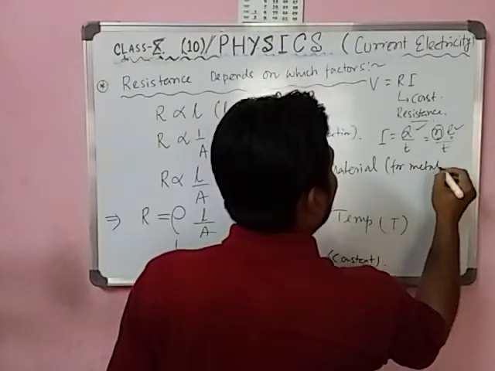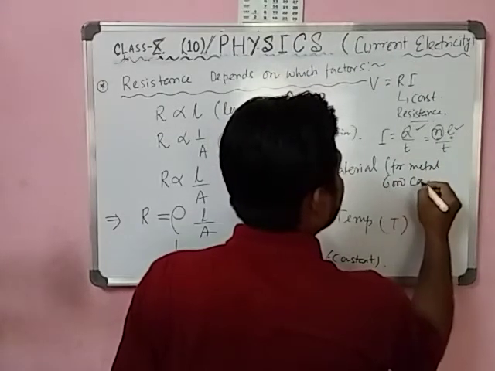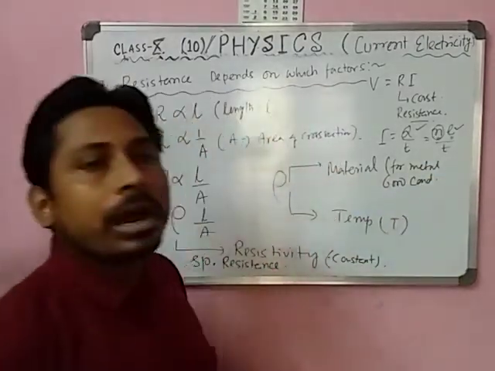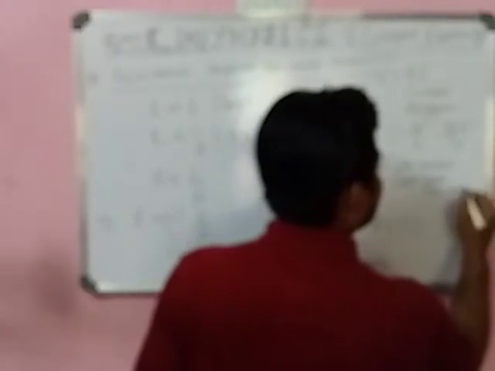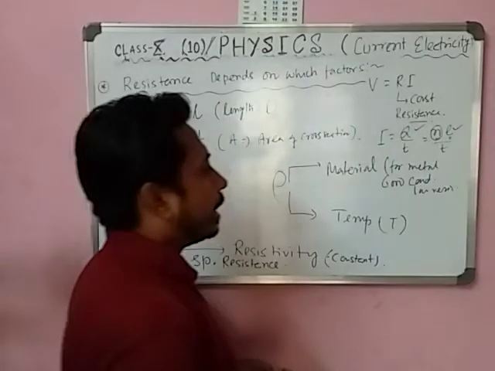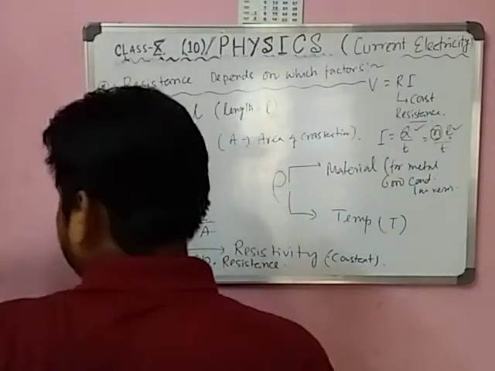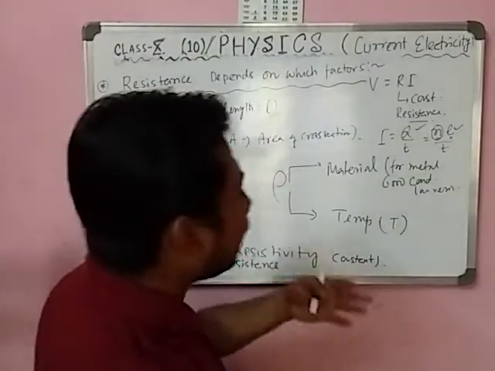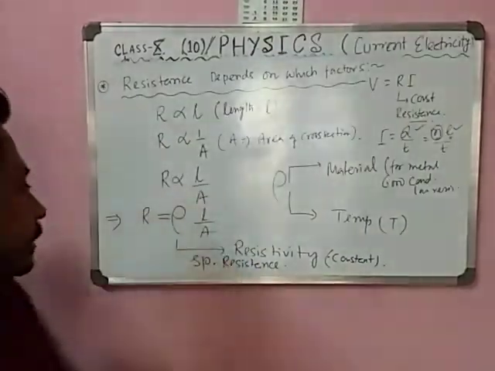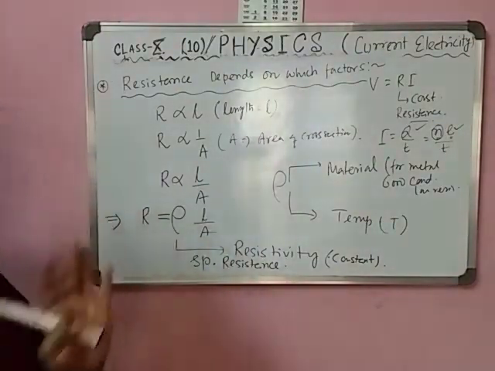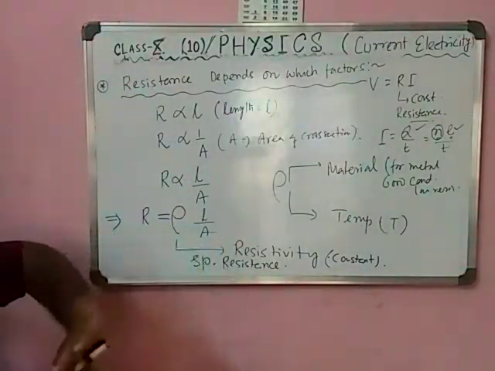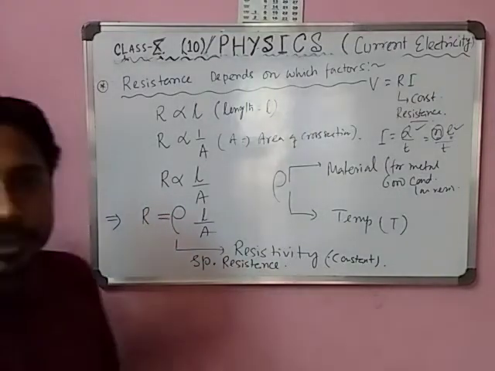If it is a bad conductor, it gives you high resistivity. Later on I will discuss this. So this is all about R. Now please pause the video and write down everything.